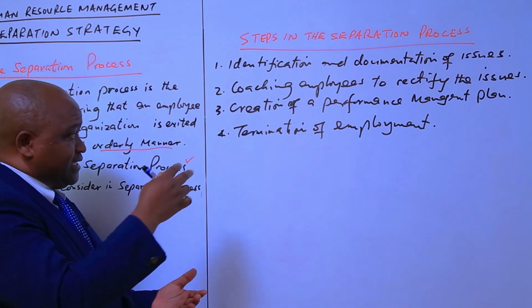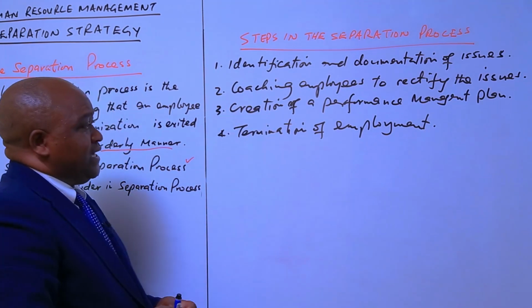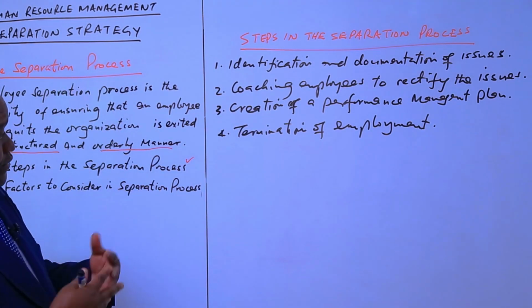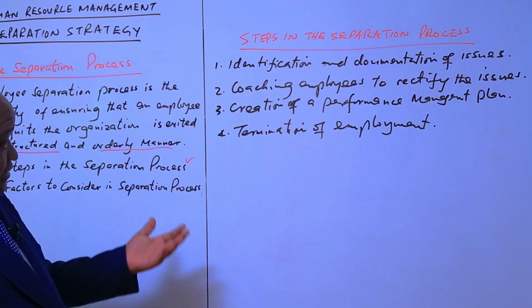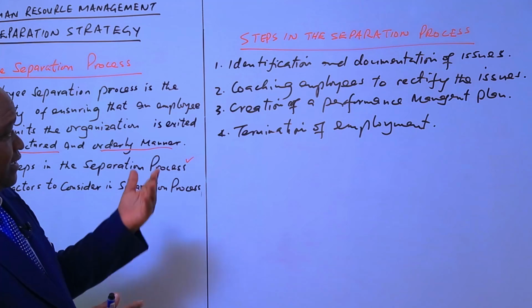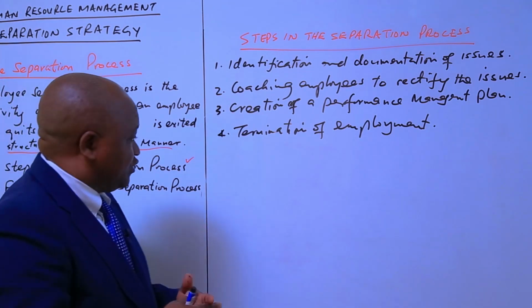Then the next stage is to terminate the employment of that employee with the employer. So termination of the employment contract comes in, dear learner, at stage number 4, when the others have not yielded any positive return.